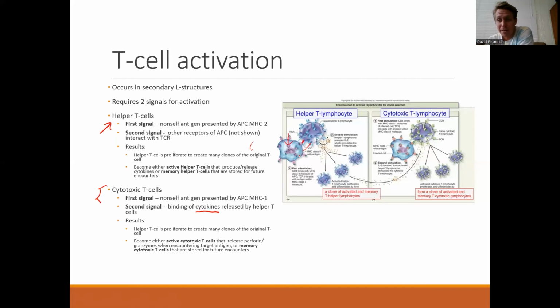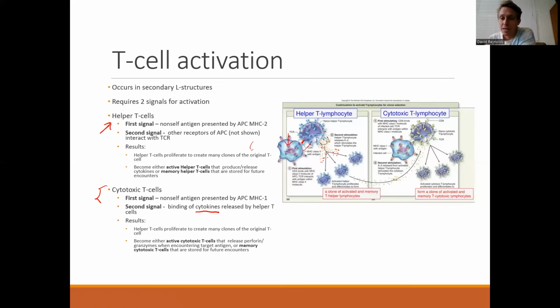So I know my body has already tried to attack this foreign pathogen, and now they need my help, and I have the tools to do it. And so once that happens, helper T cells then release cytokines, which is a suite of different proteins and molecules that are just released out into the blood or in the tissue.